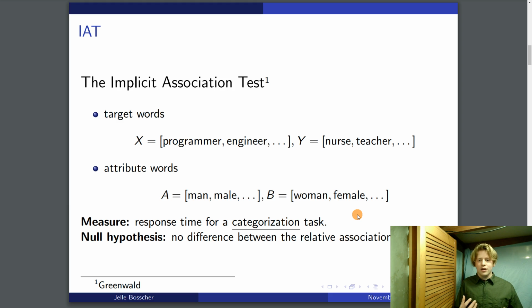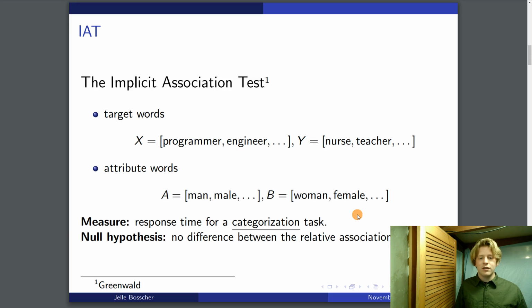The null hypothesis that it uses to test for these implicit associations is that there is no difference in the reaction time between the association of programmer and man, or programmer and woman. And similarly for nurse and man and nurse and woman.